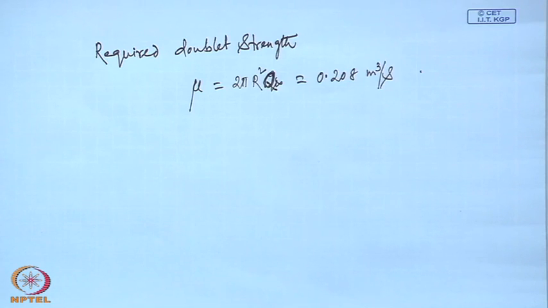Now, in this case there is a circulation also, because the problem says that this airfoil has camber and this airfoil develops full Joukowski lift at 10 degree. Okay. Now, how much is the full Joukowski lift at 10 degree?